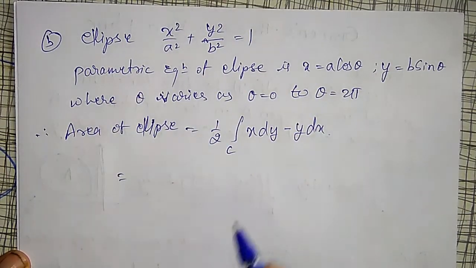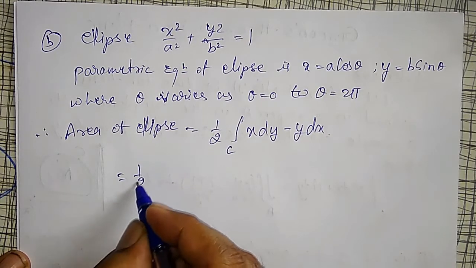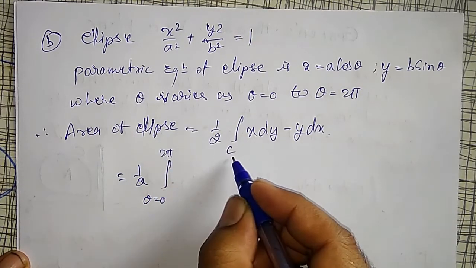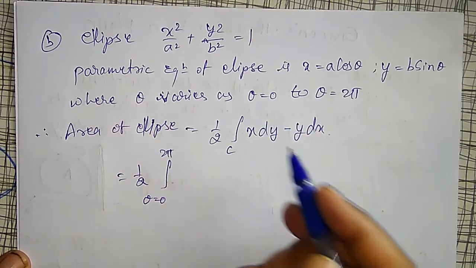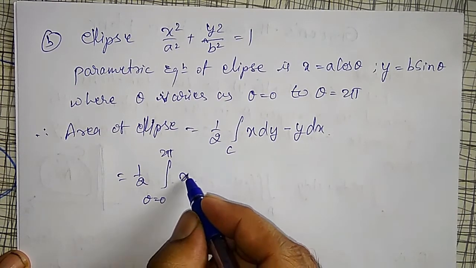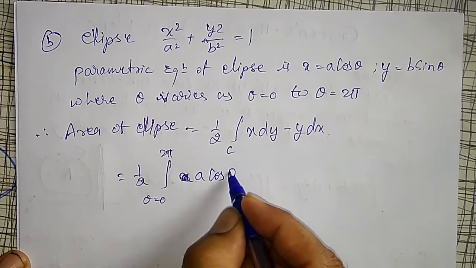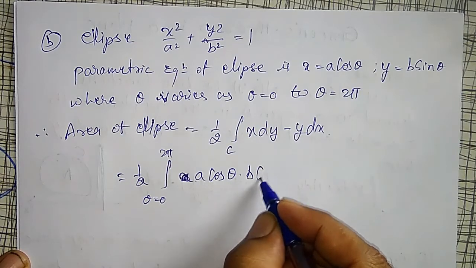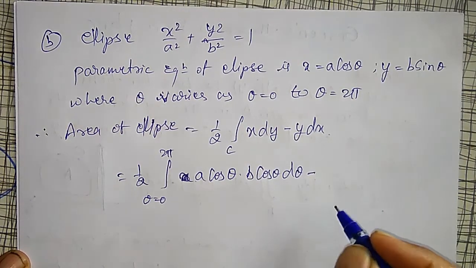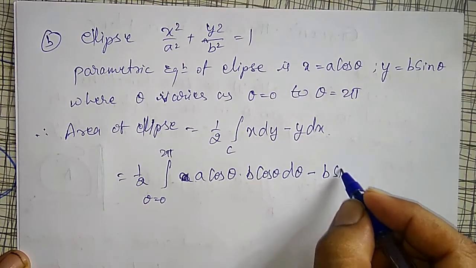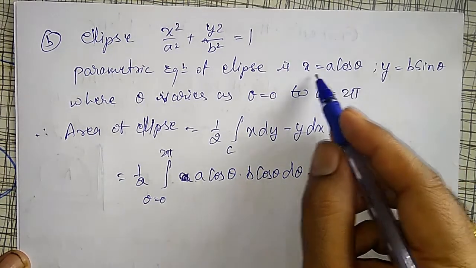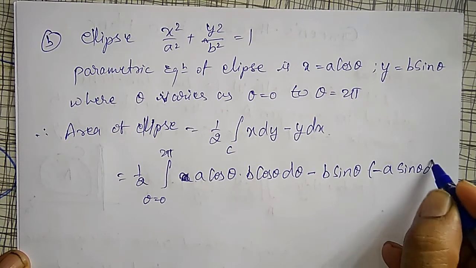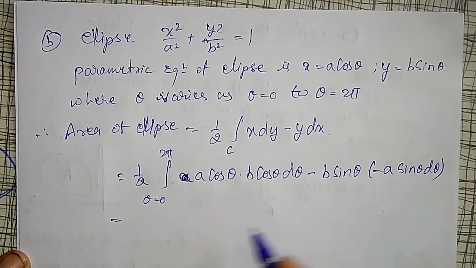Therefore, this line integration I will solve one by one. 1 by 2 into the integration from theta equal to 0 to 2 pi, because I am converting C in terms of the parametric equation. x dy, x is a cos theta and dy is the differential of b sin theta, that is b cos theta d theta, minus y, which is b sin theta, into dx, the differentiation of x, which is minus a sin theta d theta. From this I will take d theta common.